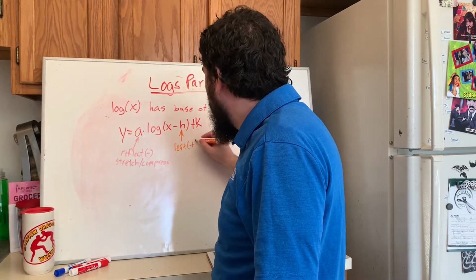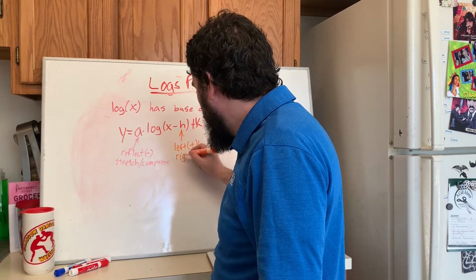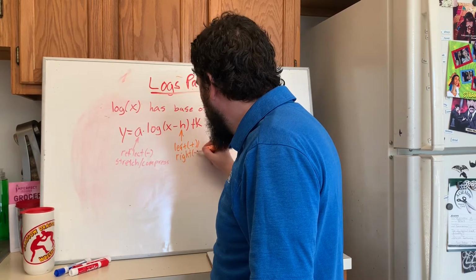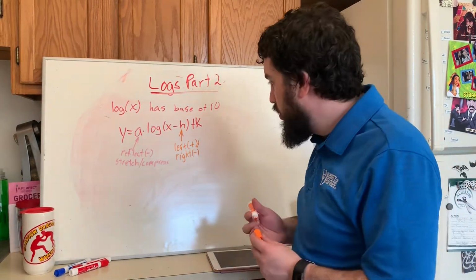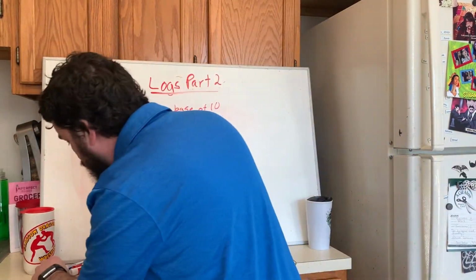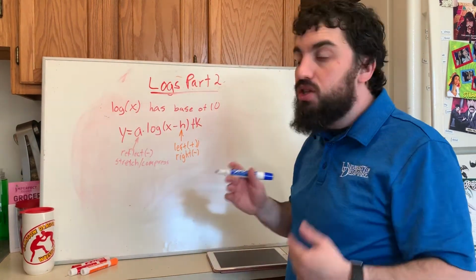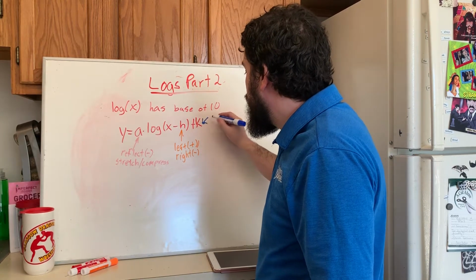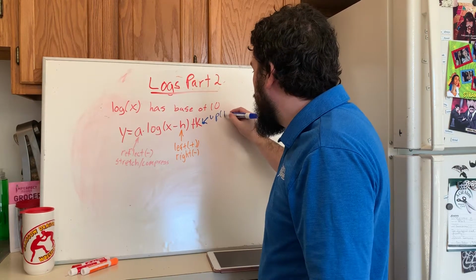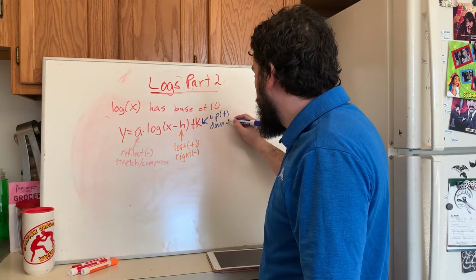X plus something moves it to the left. So it actually moves backwards, so we need to be careful about that. Now, the k will just simply move it up and down. The k does not work backwards. K works in a typical fashion. If we're moving it up, we want to add to it. If we want to move it down, we subtract.